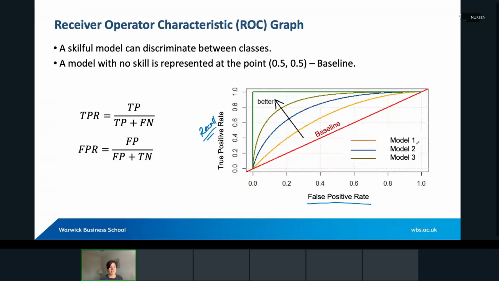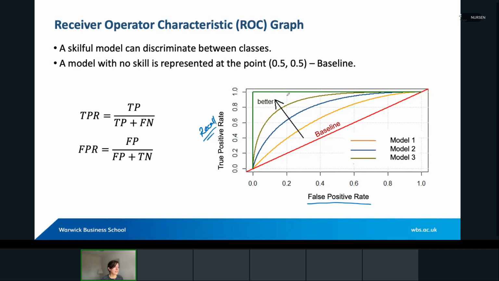Here we have, let's say, 3 models, model 1, model 2, and model 3. If the model is closer to the upper left corner, that means it has a higher true positive rate. It can identify more actual responders while making fewer false positive errors.